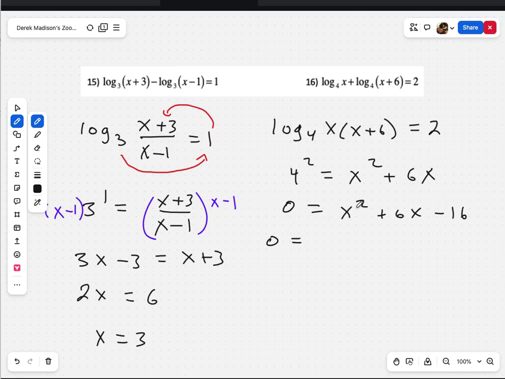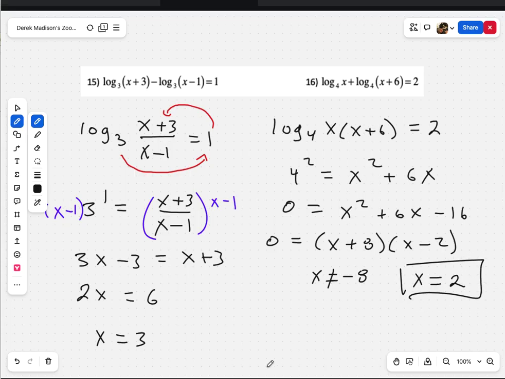As I was saying, these should factor. If yours isn't factoring, you probably just did x plus 6 equals 2. Again, I see that far too much, so make sure you get the base in there. x plus 8, x minus 2 multiplies to negative 16, adds to be 6. So potential solutions of x equals negative 8, that does not check because I can't take the log of a negative, and x equals 2.